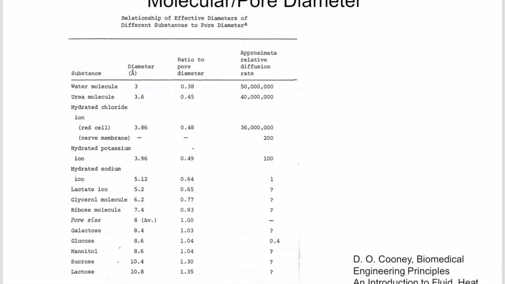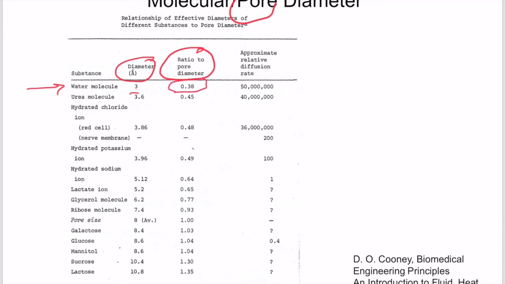Okay, so this is just an example of what the effect of pores can have on the permeability. What's important is the ratio of the diameter of your substance, your solute. For example, water has a diameter of 3 angstroms, and its ratio to the pore diameter of this particular membrane is basically around 1/3.